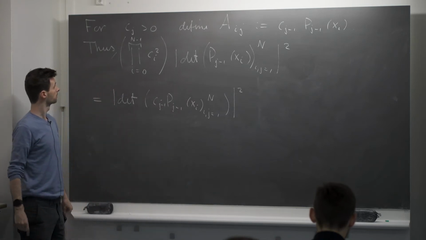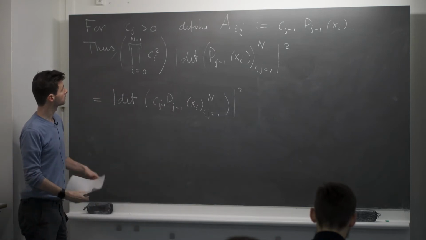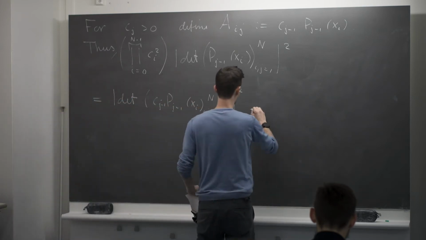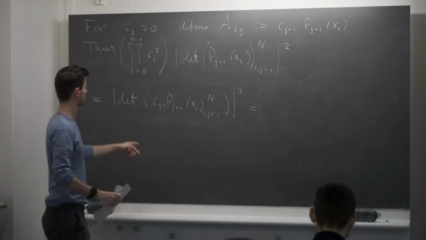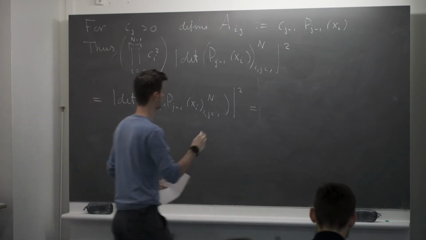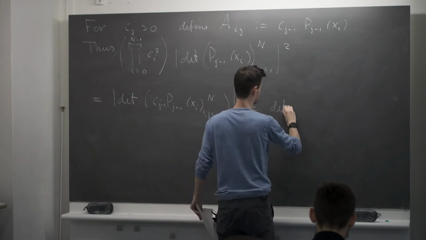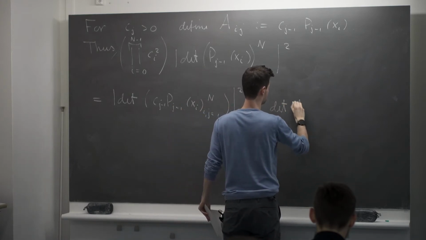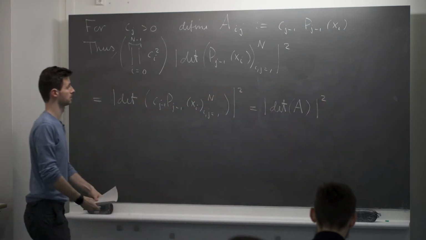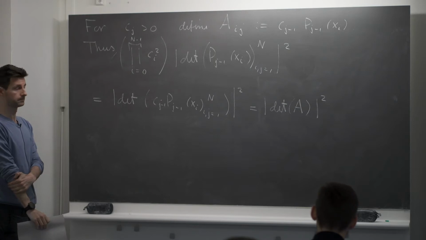That's what I want. And now let's write this in terms of the matrix Aij. Since in fact this is nothing but the determinant of A. Right? So this is equal to the determinant of A, the whole thing absolute value squared.